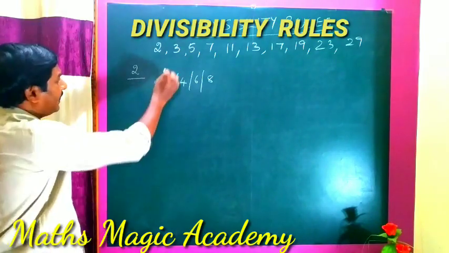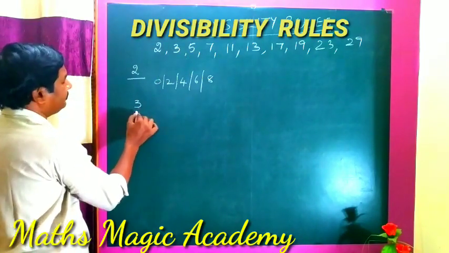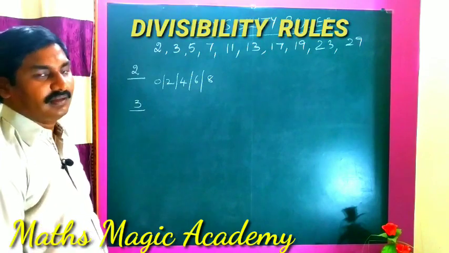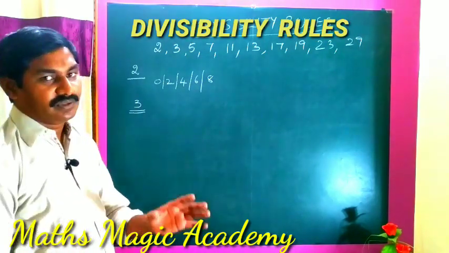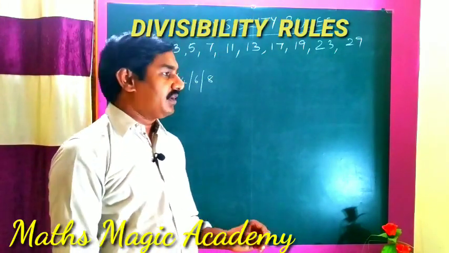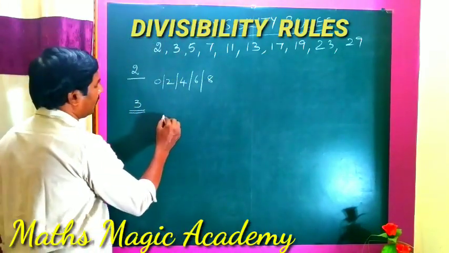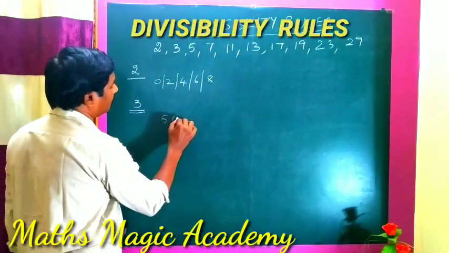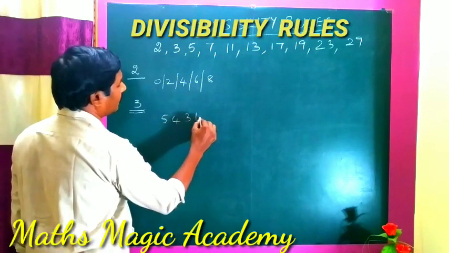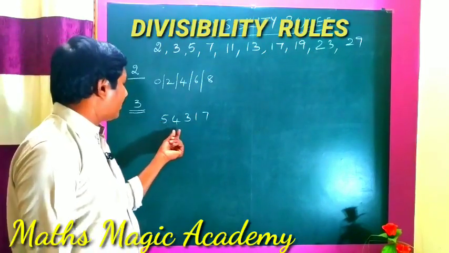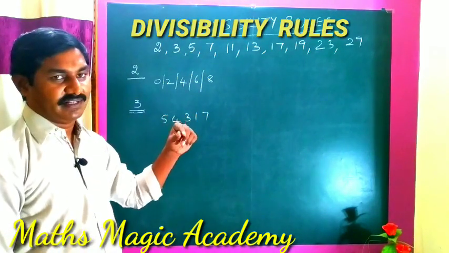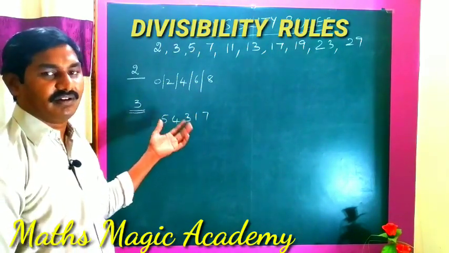And then the next, the divisibility rule of 3. 3 is also very simple. The divisibility rule of 3: if you take a number like 54,317, is this number divisible by 3 or not?